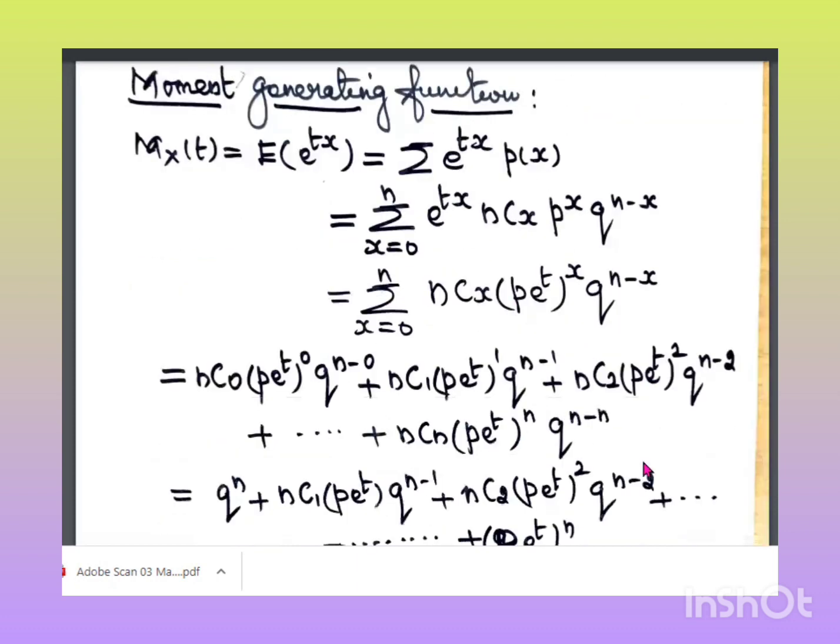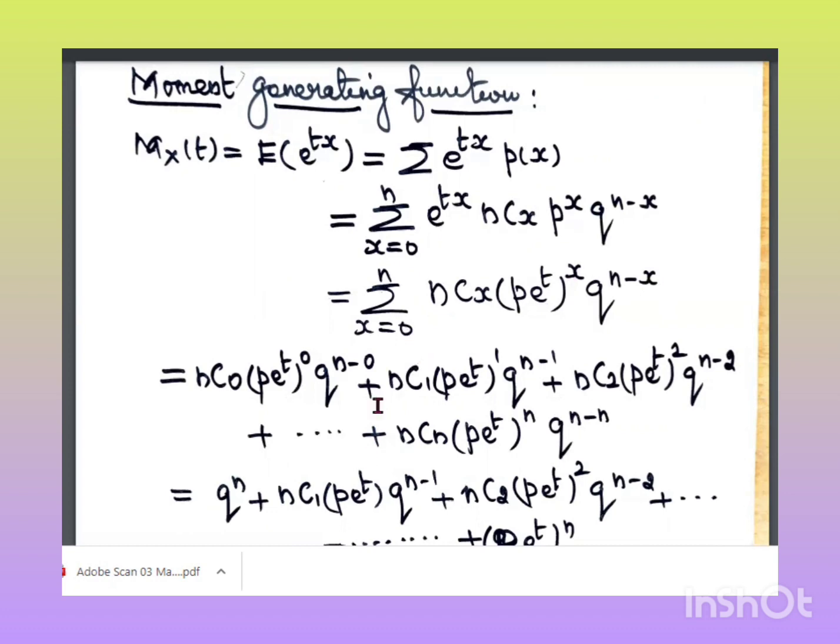Now we are going to apply x from 0 to n. First we apply x equal to 0: nC0, p e power t power 0, q power n minus 0. Next, plus. Why are we writing plus? Because of the summation symbol. Suppose there was a product symbol, pi, that is for product. But this is a summation.